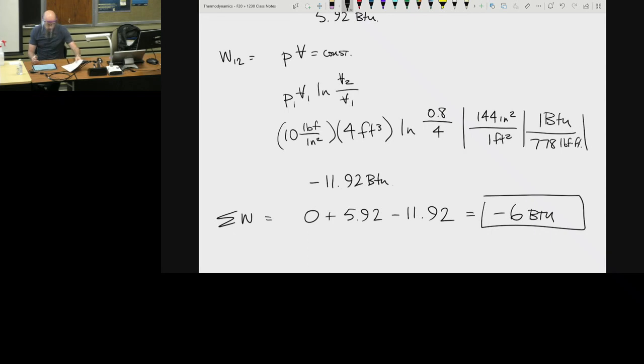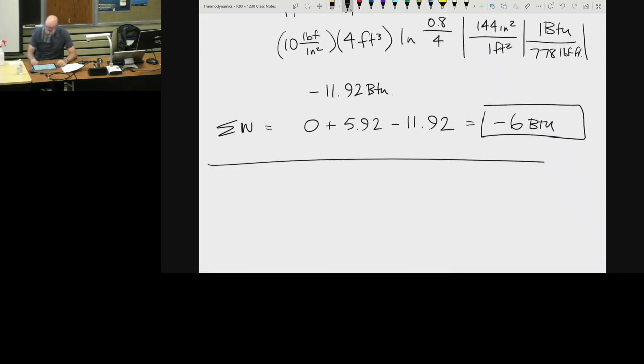So this problem, example 2, we have air again in a piston cylinder, and they tell us that P1 is equal to 1.4 bars, and V1 is equal to 4.25 meters cubed.